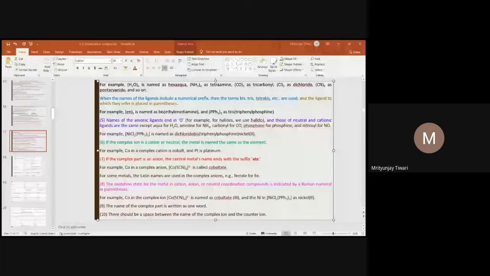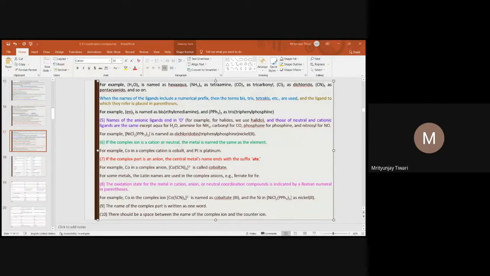Chlorate is ClO3 minus, chlorite is ClO2 minus. So in the case of anionic radicals, we use these two endings, ate and ite, and you should remember these things as well. So for example, here cobalt is in the complex anion, the anionic coordination entity.